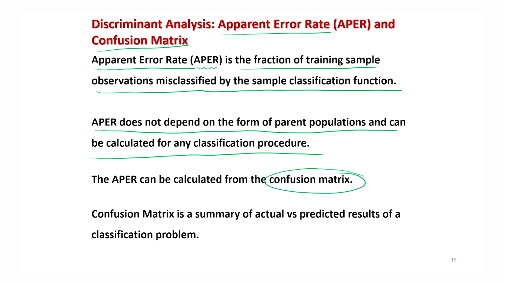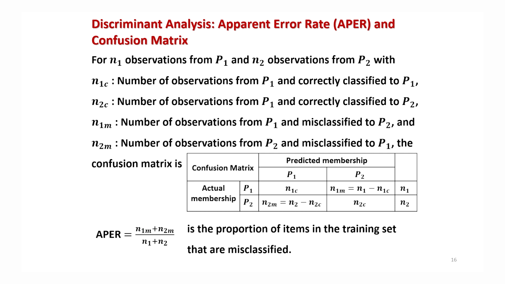The confusion matrix is a very simple thing. It is a summary of actual versus predicted results of a classification problem. How? Let me show you here. Suppose there are n1 observations from P1 and n2 observations from P2, the second population.